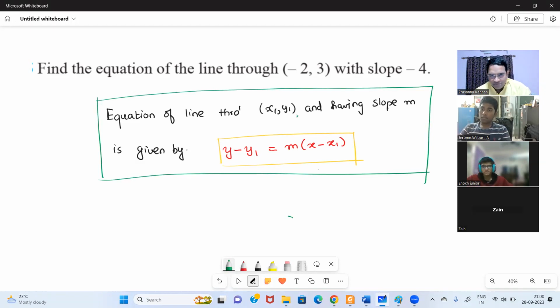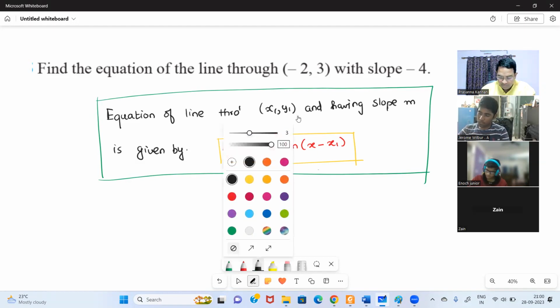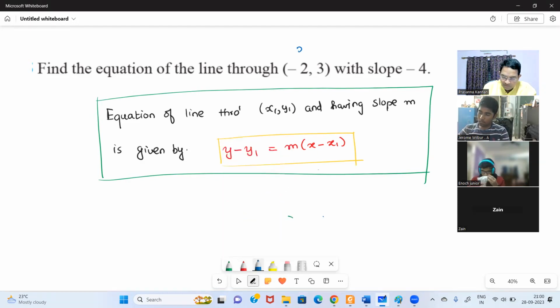So if a line is passing through a point x1 comma y1 and it has a slope m, then the equation of the line is given by y minus y1 is equal to m into x minus x1. So I can take this as x1, y1, and the slope is m. Can you just plug into the formula, guys? Enoch, tell me.